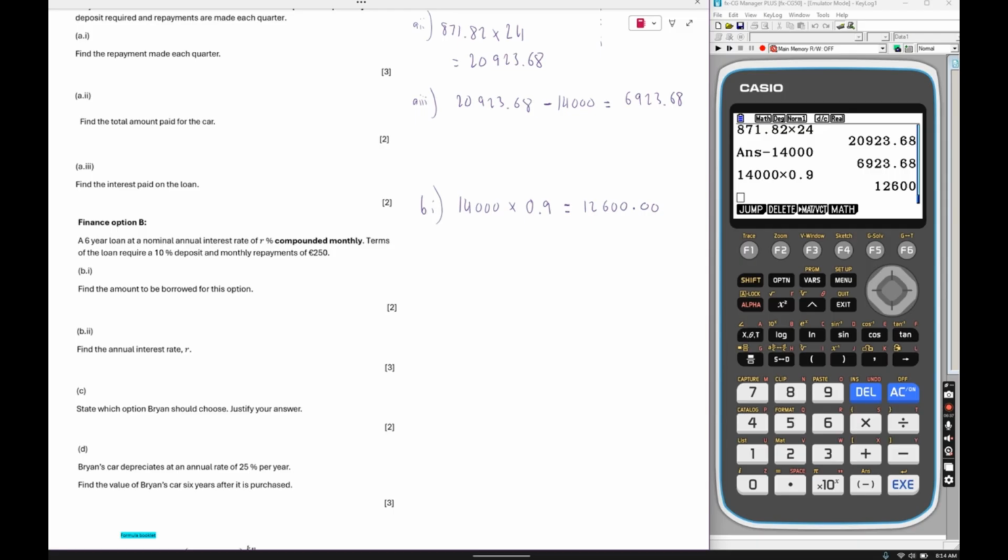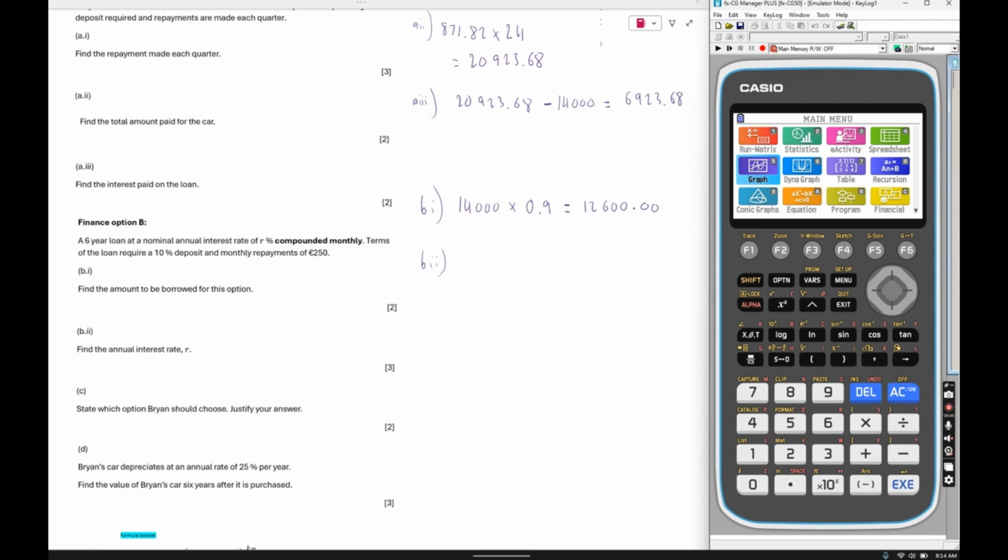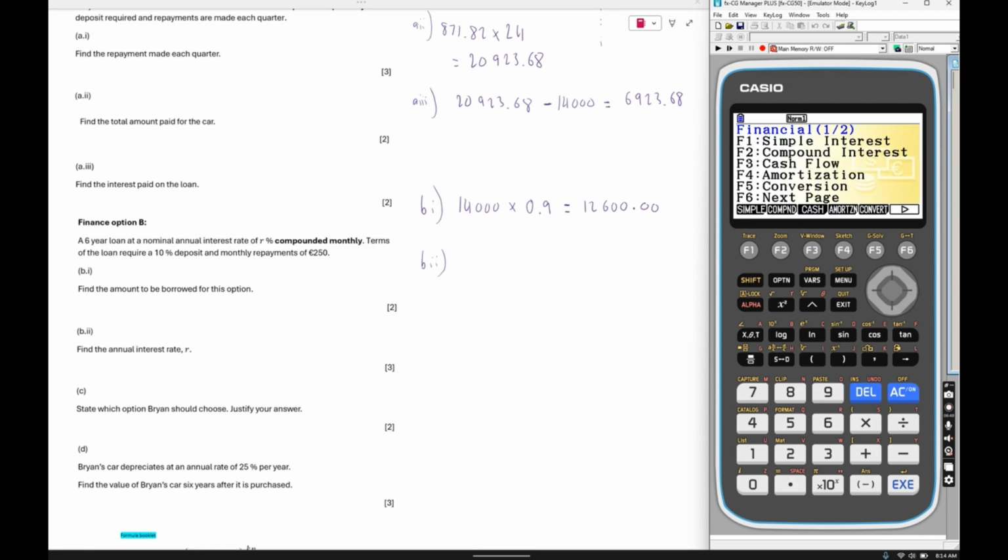Find the annual interest rate. So second part, B(ii). Let's go back to my calculator. Let's go down to the financial mode. We want compound interest again. Again, when you're doing this, you would need to write down all of these different values. So you're going to put N equals. This time we've got a 6-year loan and it's compounded monthly.